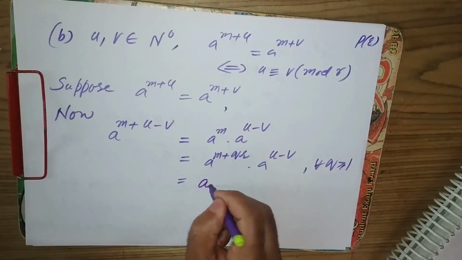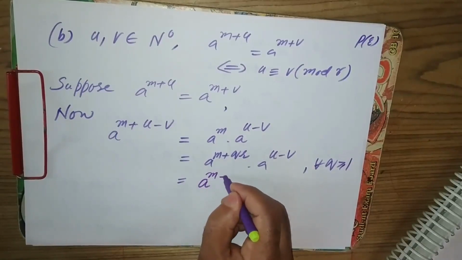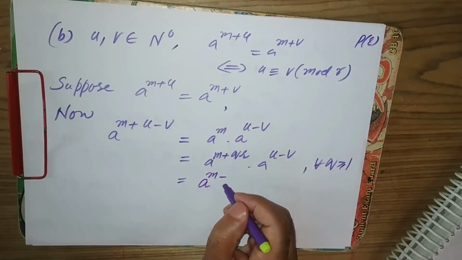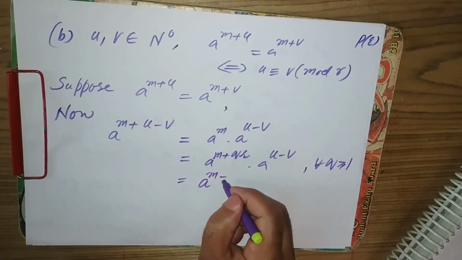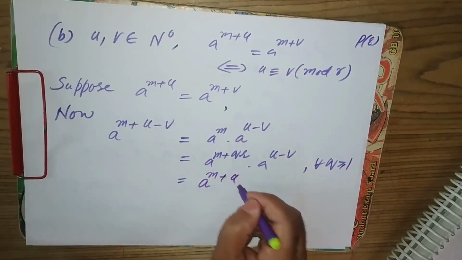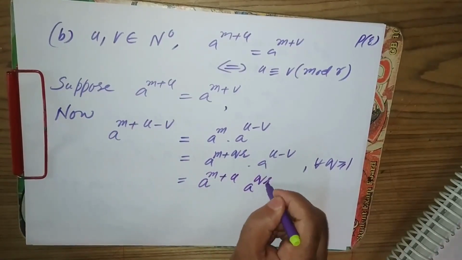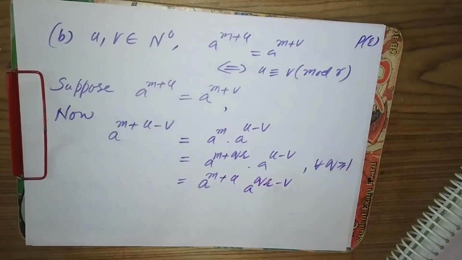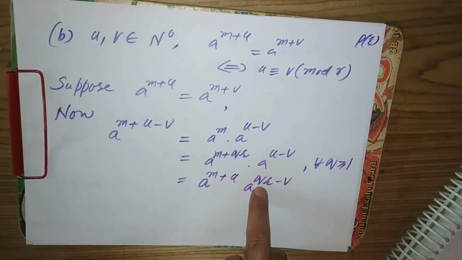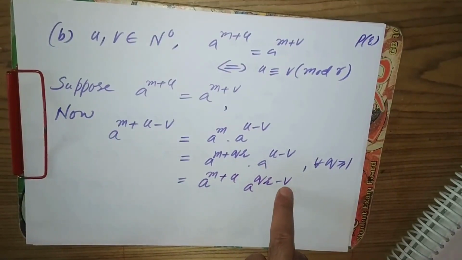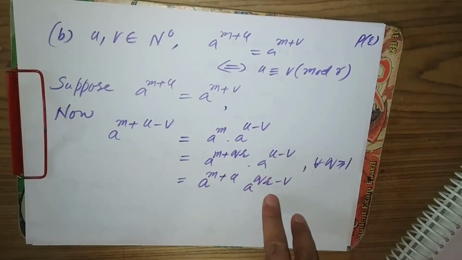I can write here A power m plus u into A power qr minus v. So this can be done. We can choose q so large such that qr minus v is positive, because A power positive numbers are defined. A power negative number is not defined here.